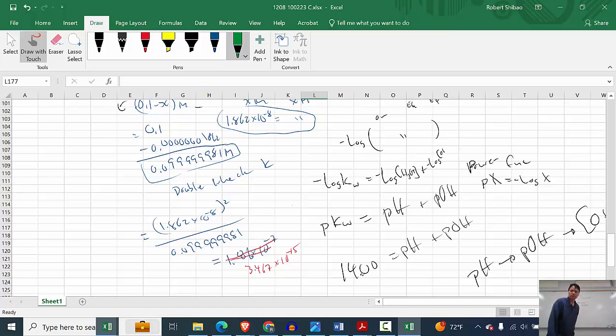But there's a relationship between conjugate pairs. And that is, when I was doing the Kw, I came up with this equation here, and that is the Ka for a generic acid, HA, times the Kb for the conjugate base, A minus, is equal to Kw.